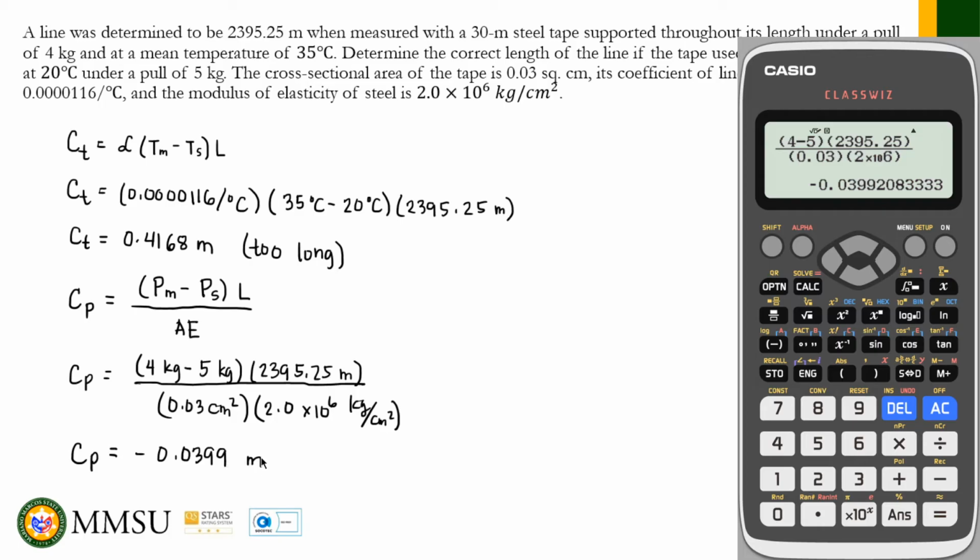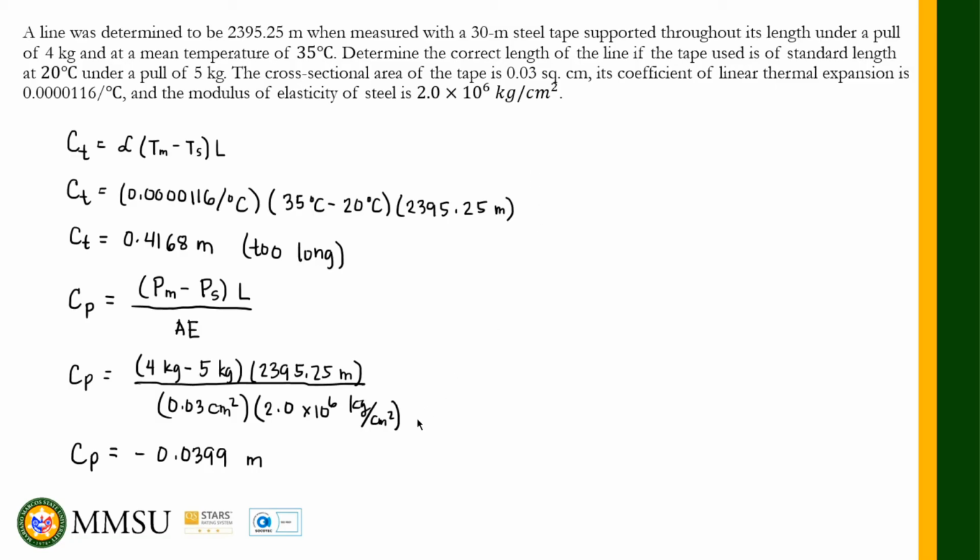Okay. Ang ibig sabihin nito, because of the negative sign, the tape was too short, diba? The tape was too short during the measurement. Ang ibig sabihin niyan, hindi niya naabot yung required na pull niya, di ba? The required pull is 5 kg, pero during measurement 4 kilograms lang yung pull na ginamit. So the tape was too short during the measurement.